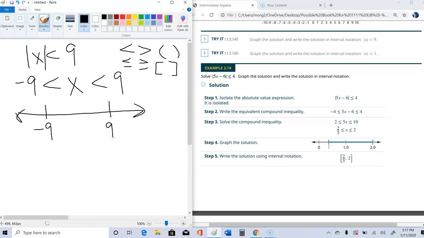We'll need parentheses at both endpoints. And because x is in between our numbers, that's where your solution or shading goes. So we will shade everything in between negative 9 and positive 9.